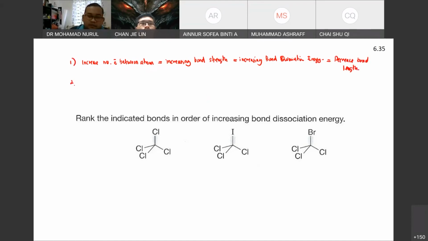The second one: increasing size of atom comes with increasing bond length, and also with decreasing bond strength.